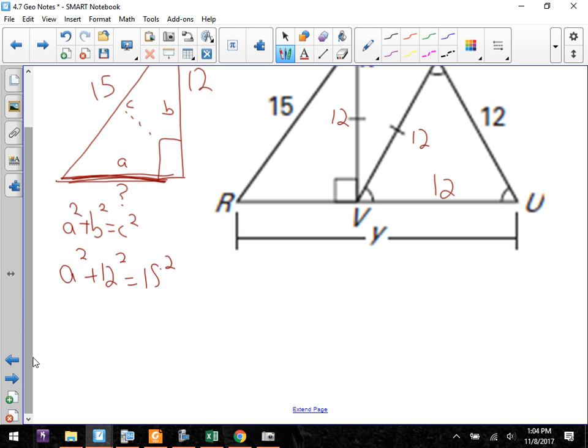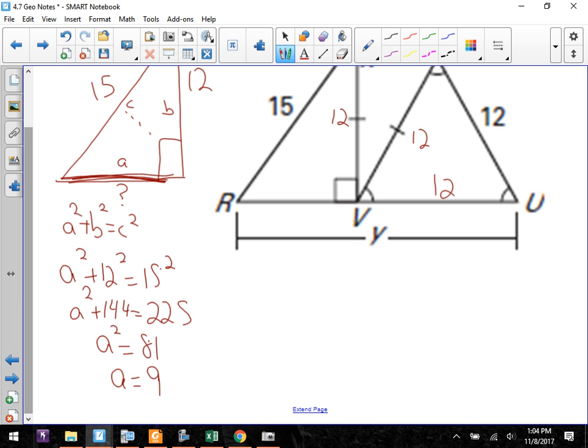You press some buttons, and you get 9. Just by using the calculator and the Pythagorean theorem. Again, that's one of those things that does not go away. That gives you that side length of RV equaling 9.